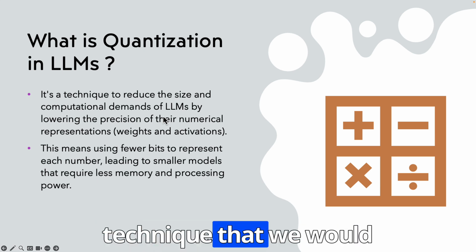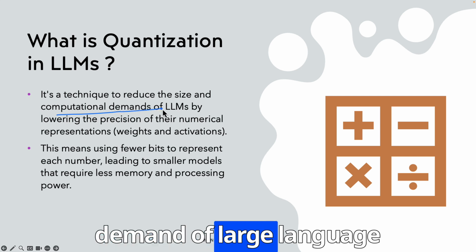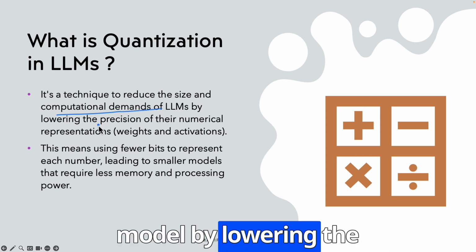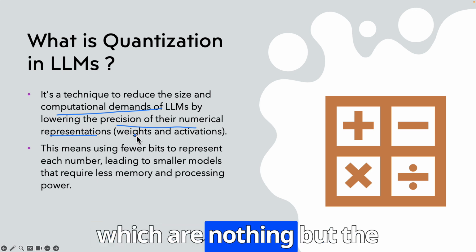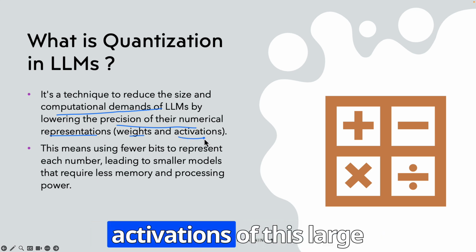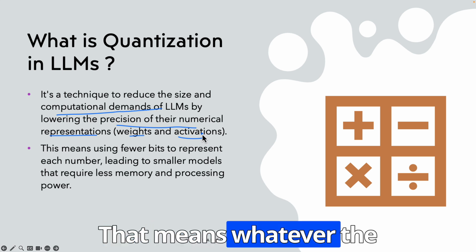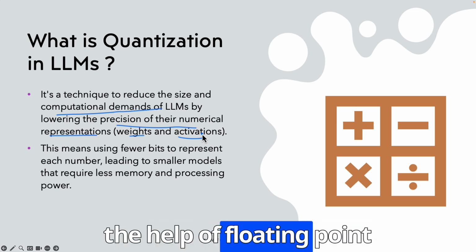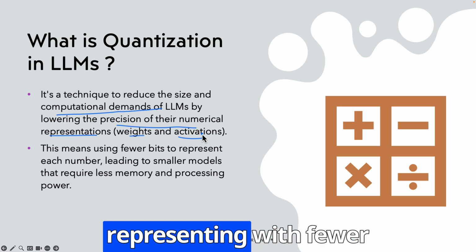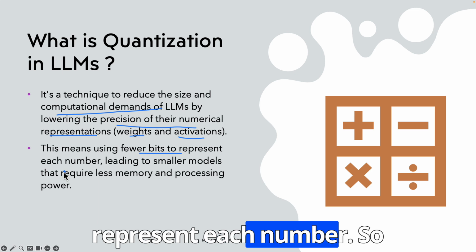It's a technique we use to reduce the size and computational demand of large language models by lowering the precision of their numerical representation, which are nothing but the weights and the activations of the model. That means whatever weights and activations we were representing earlier with floating point values, we will now represent with fewer bits for each number.